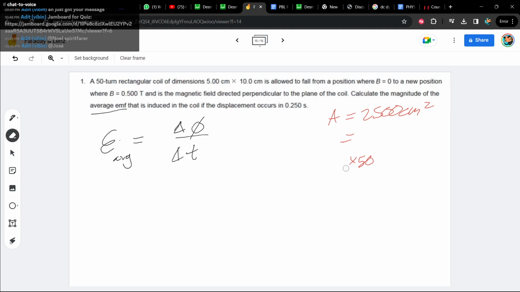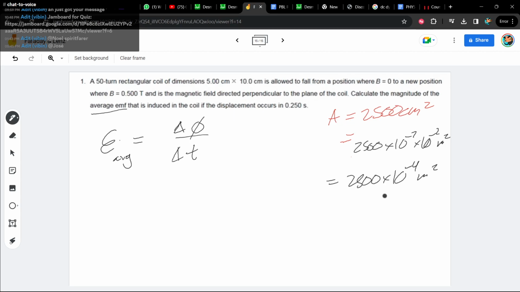Yes, it is 0.25, because it's times 10 to the power negative 2 times 10 to the power negative 2 meters squared, which is 2500 times 10 to the power negative 4, so 0.25.